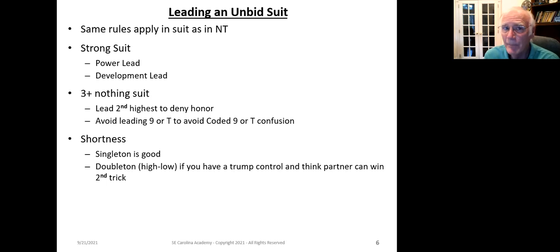But if it's an unbid suit, and that's what we're talking about right now, doubletons are generally not good leads, because you're probably never going to be able to get a ruff in that suit. Very, very unlikely.